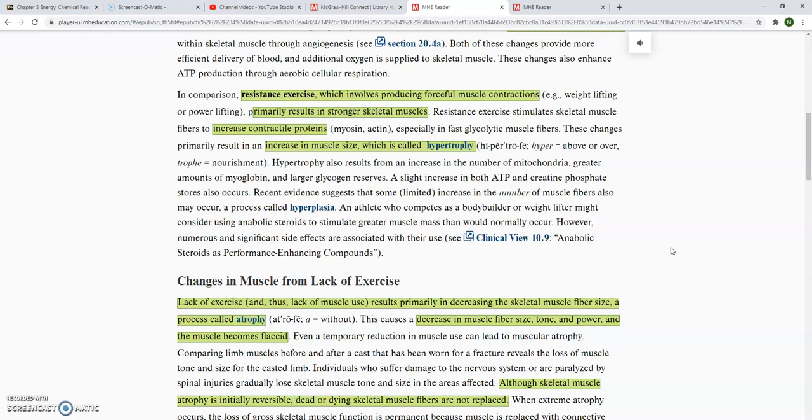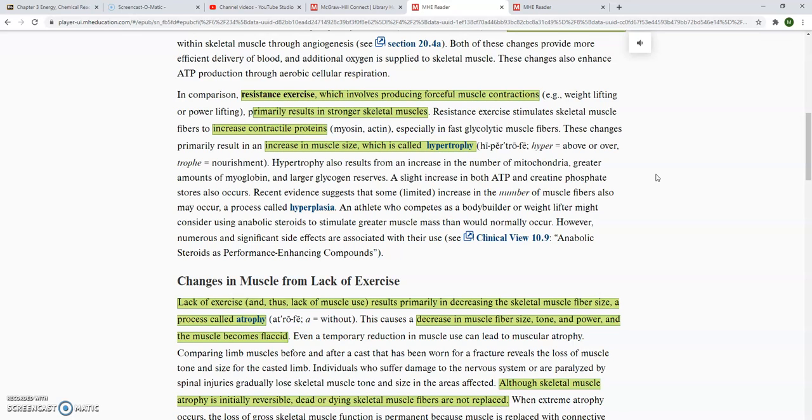And if you continue to produce more of those proteins, your skeletal muscle fibers or cells will get larger. So whenever they increase in size, we call that hypertrophy. So that's a term that you should be familiar with because we use it a lot in the medical field. So hypertrophy just means an increase in the size.